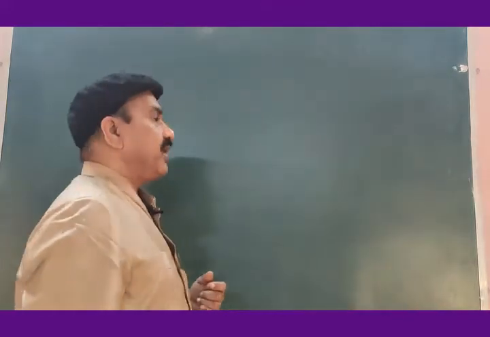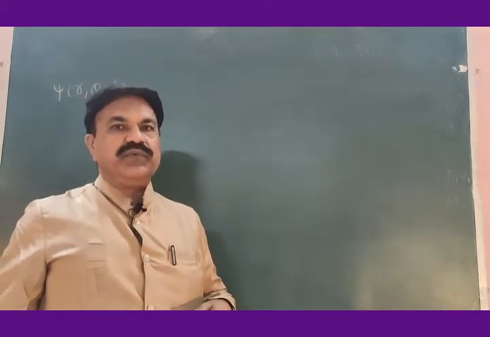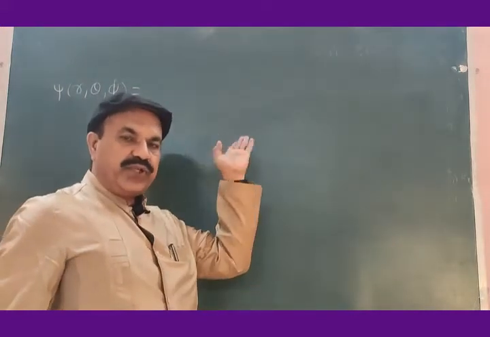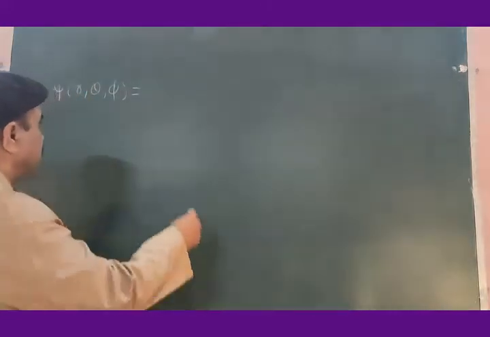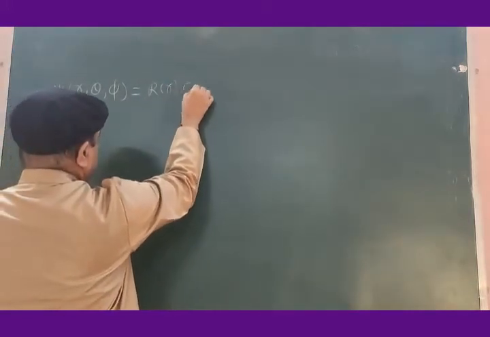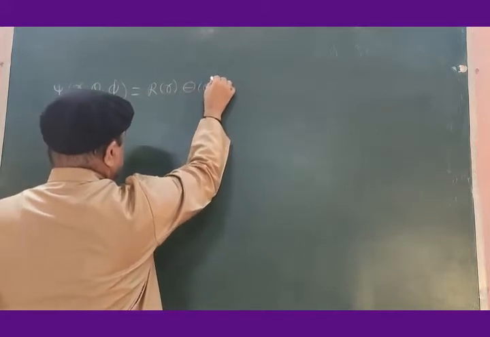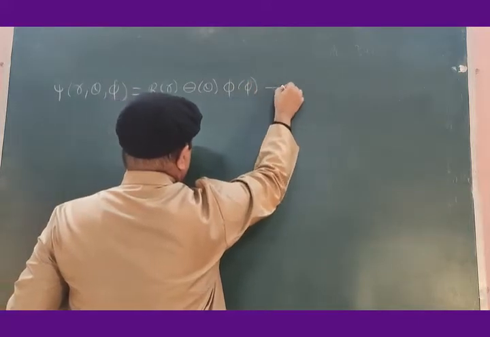For example, if we express psi, which is solution of the equation for hydrogen we have written, this should be function of three different variables: R of r, theta of theta, phi of phi.